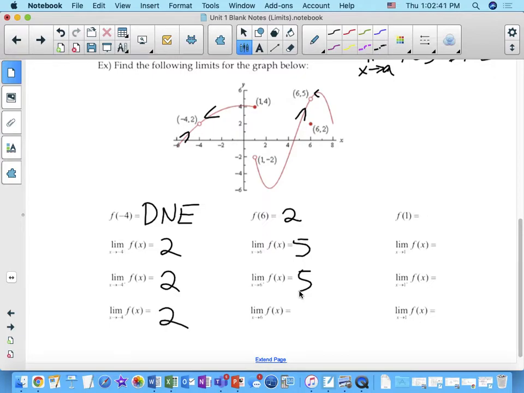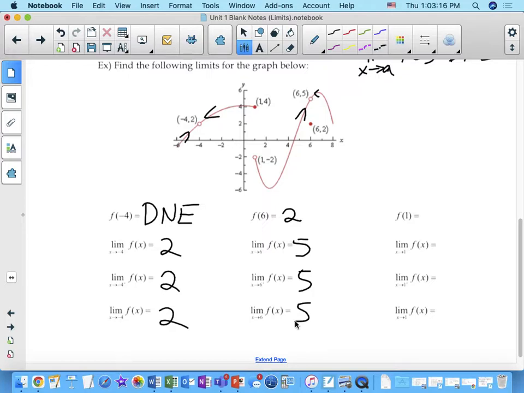What would the limit be? 5. Yeah. Okay. The limit as x approaches a of f of x does not have to equal f of a. They just have to approach the same point. If they're approaching the same value, that's the limit.